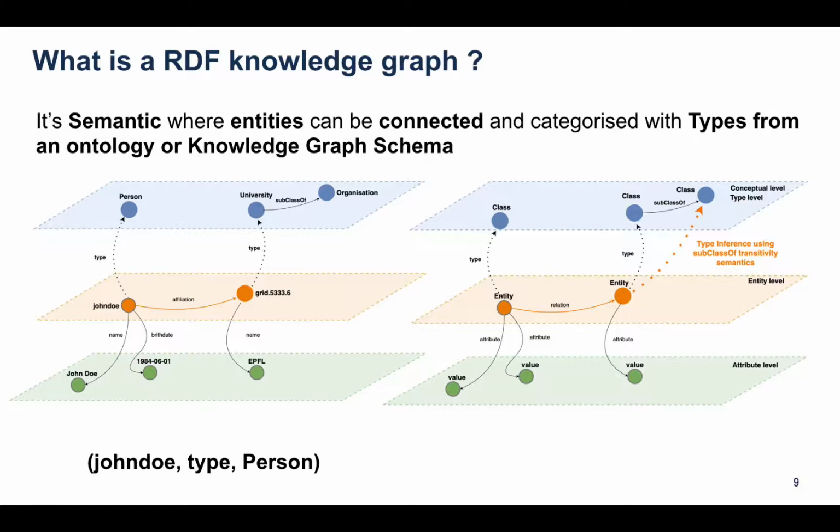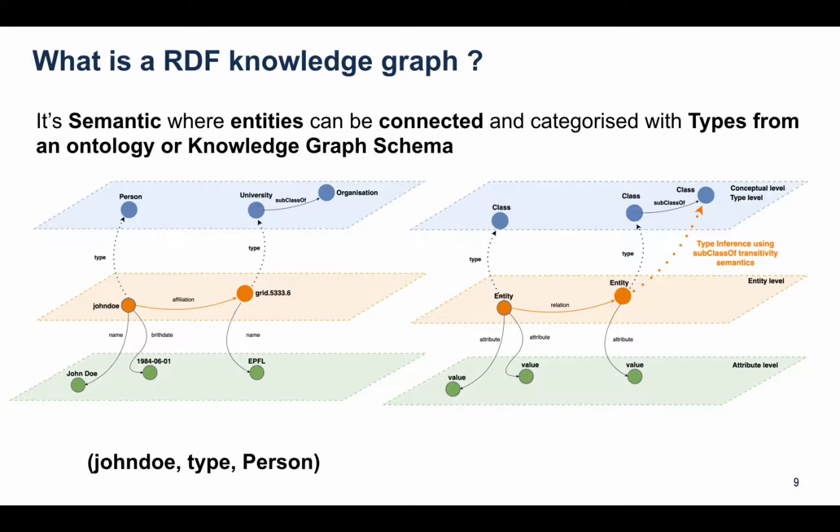The layer in the middle is where the entities are, the instances, which is John Doe and the EPFL University here, and you could have relationships between them, like affiliation. And the layer below is where the attributes are, which is the name, everything that is a primitive type, string, etc.